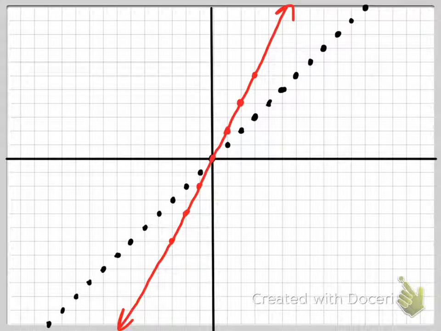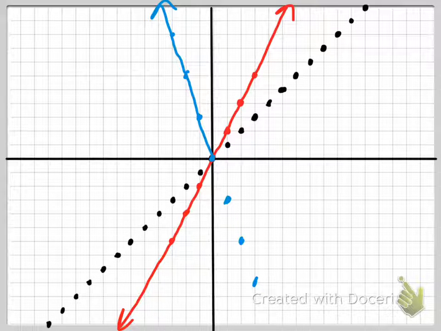So starting still here at 0, we're going to go down 3, right 1, down 3, right 1, and then we're going to do the same from 0 going the other way. We're going to go up 3, left 1, up 3, left 1 a few times so that we can get our line. And as you will notice, our positive a's, as they go left to right, go up, and our negative a, as we go left to right, goes down.